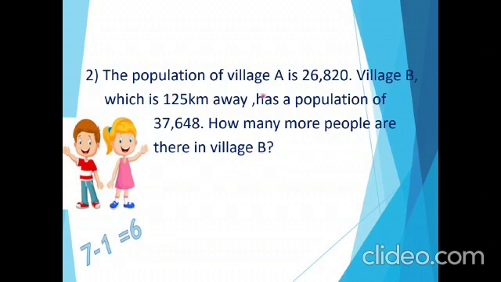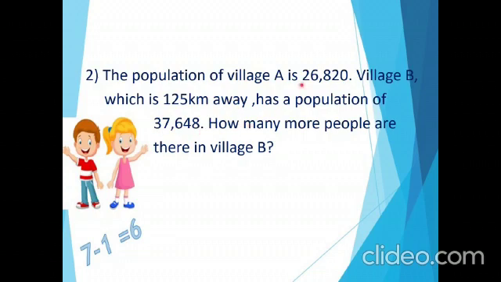Here in this problem we have around 3 informations. Like the first one is the population of village A, and second information is the distance of village B from village A, and third information is population of village B, that is 37,648.